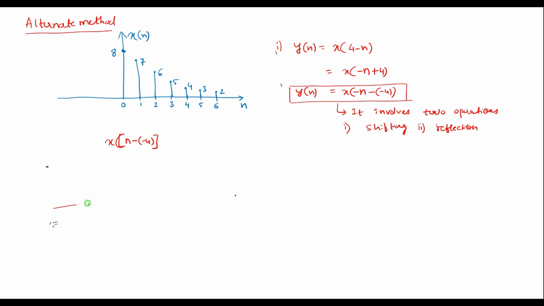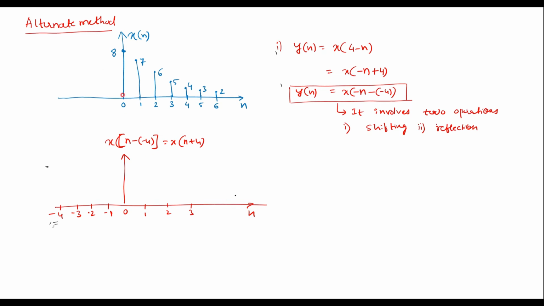So let me draw the same signal. So this is x of n minus 4 or n plus, which is equal to x of n plus 4. So this is 0, minus 1, minus 2, minus 3, minus 4, say 1, 2, 3 and so on.